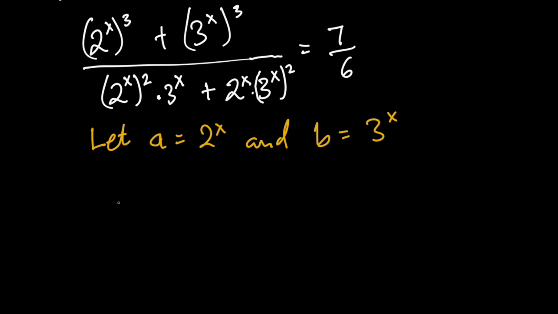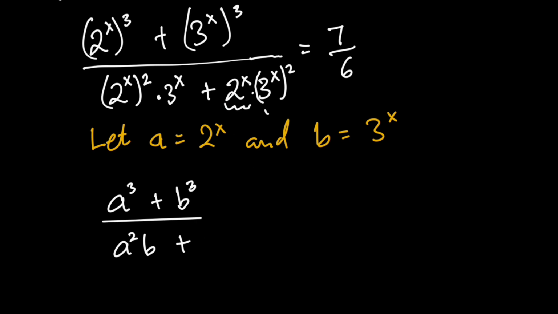Now we are going to have a to the power 3, then plus this right here is also b, so we're going to be getting b to the power 3, all divided by a squared times b, because this is b, right? And then we have plus this right here is also a, and this is b, so we're going to be getting a times b squared, and this is equal to 7 divided by 6.